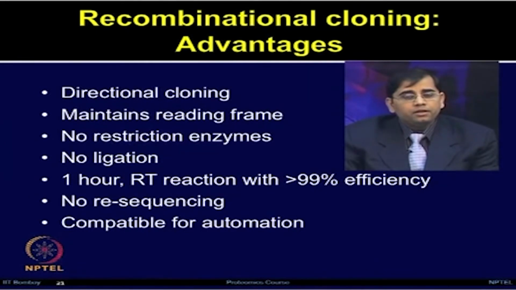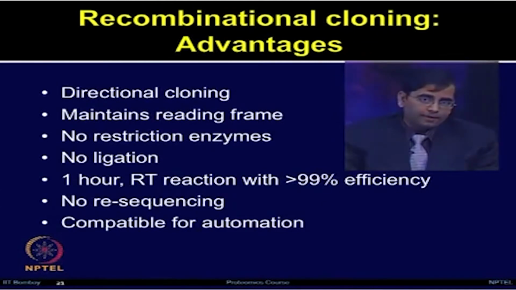The room temperature one hour reaction increases efficiency close to 99%. Once the reactions have been performed successfully, there is no need to do the resequencing. It is almost 100% correct sequence inserted in the right vector, and the system is compatible for automation for high throughput requirements.